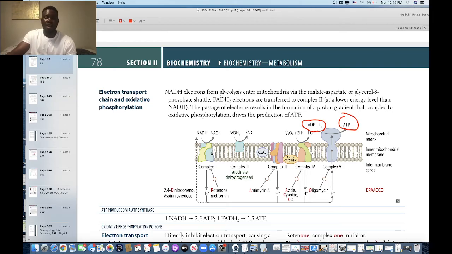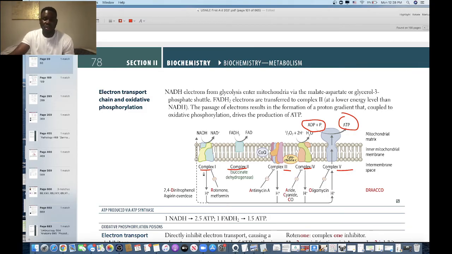So now what you want to know here is that we have different complexes. Some of them have names, some don't. From complex 1 up to complex 5.